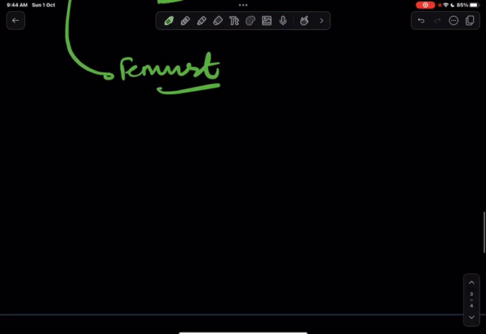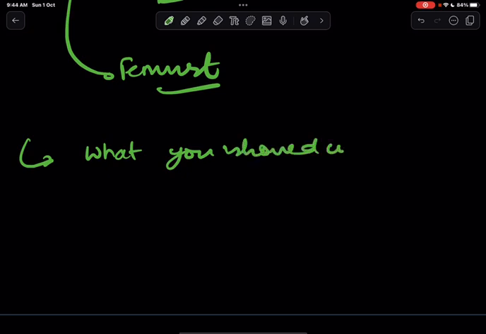So the beginning of this question, or say in the intro, what you should write: you should start with the definition of politics.